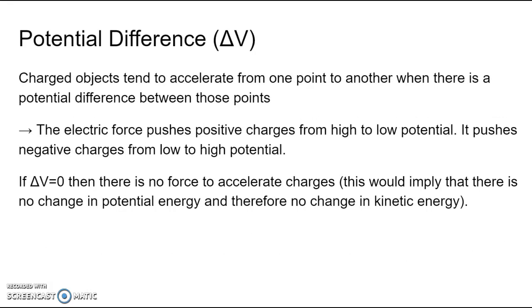So finally, when we're dealing with charged objects, they're going to tend to accelerate from one point to another. And if they do that, that means there has to be an electric potential difference between those two points. If it's accelerating from one point to another, that means there is an electric force pushing this charge. Just FYI, positive charges get accelerated from a high potential to a low potential.